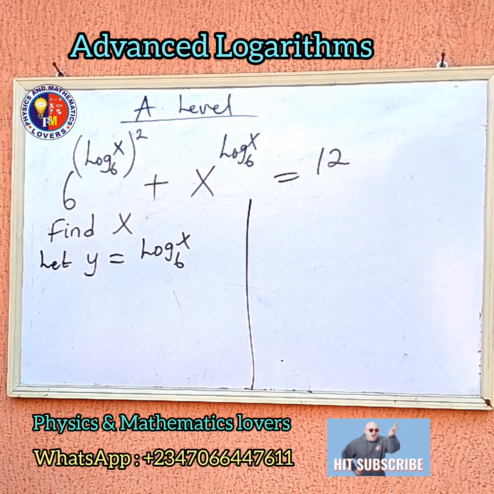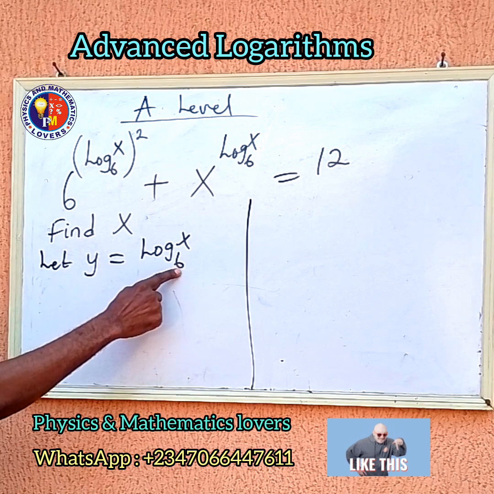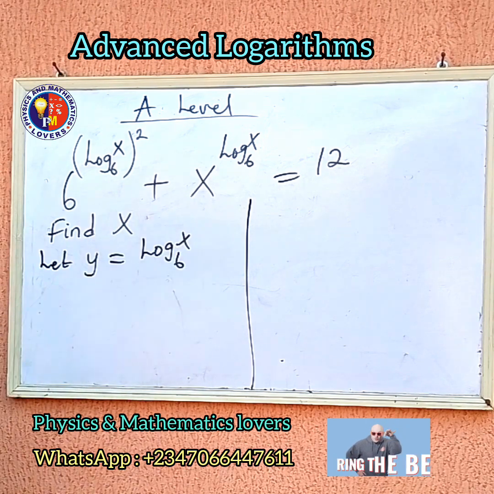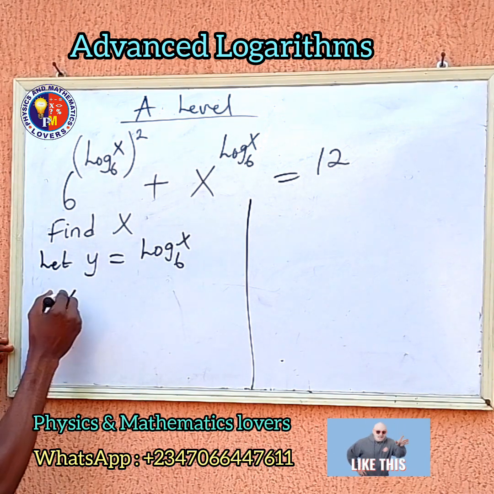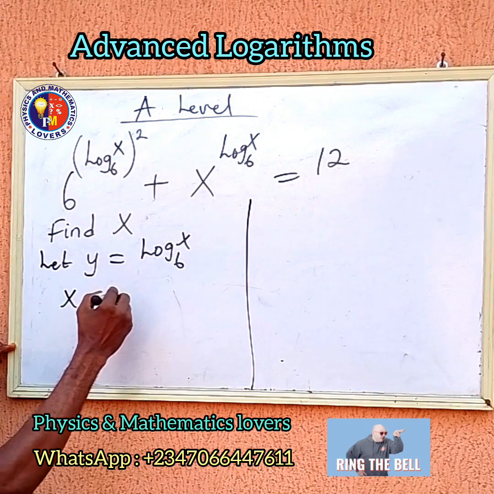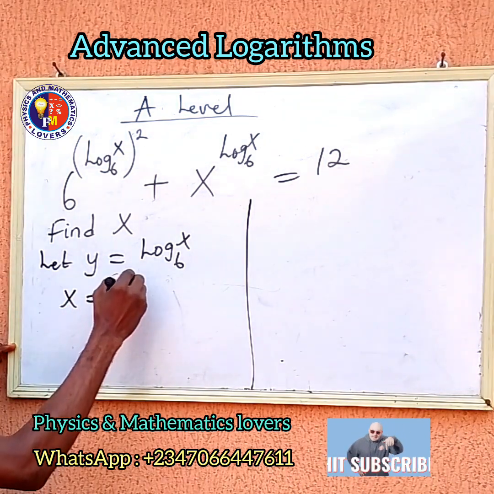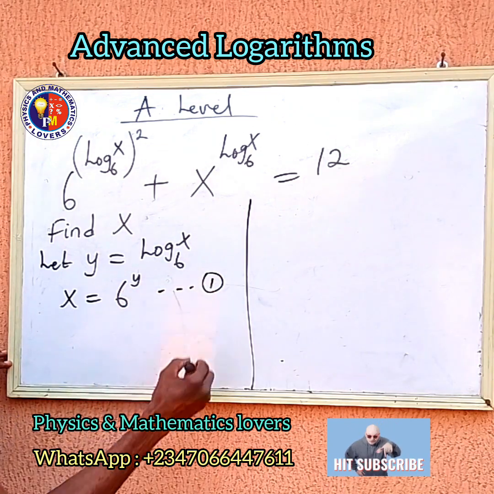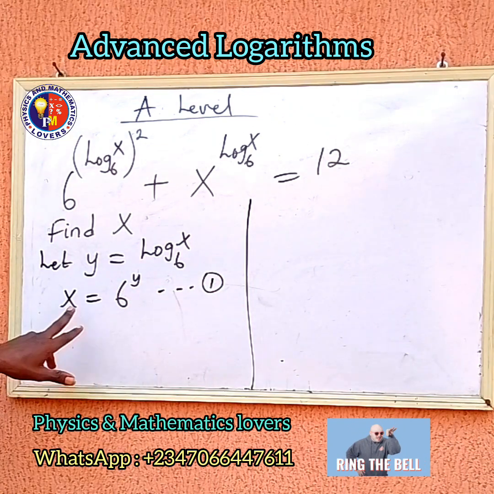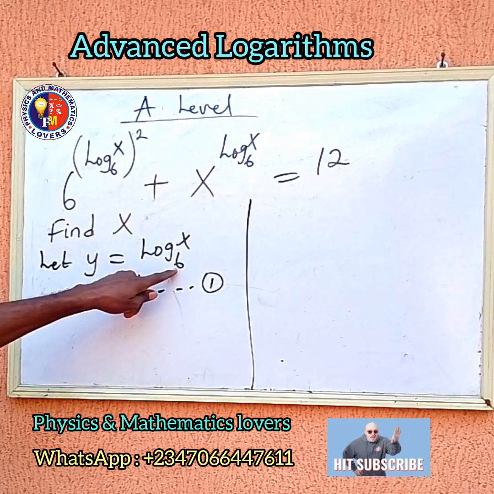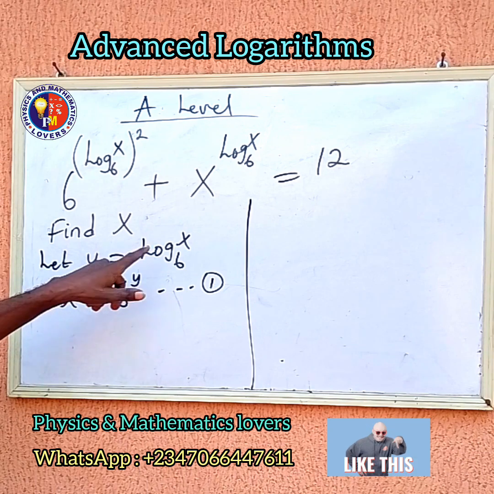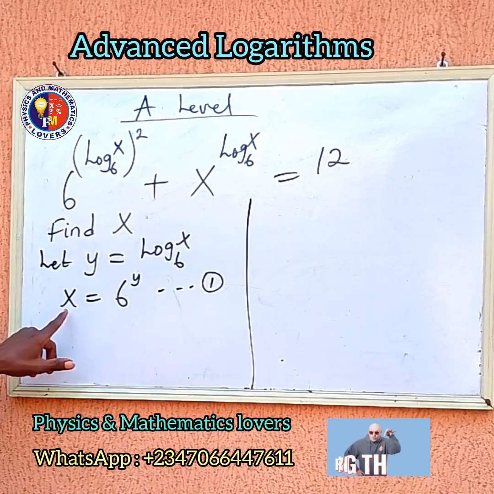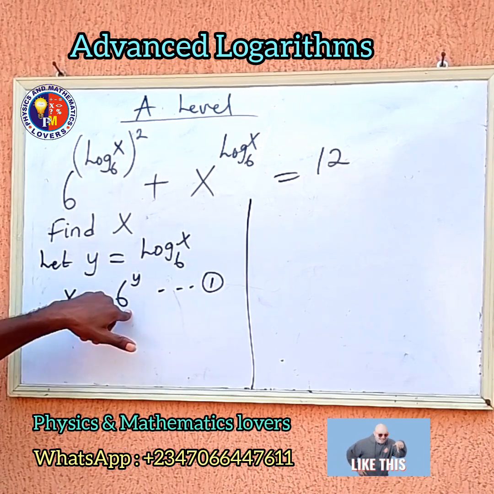Which means, according to the law of logarithm, 6 will have to be raised to this to give us x. So x is equal to 6 raised to power y. We can call this equation 1.